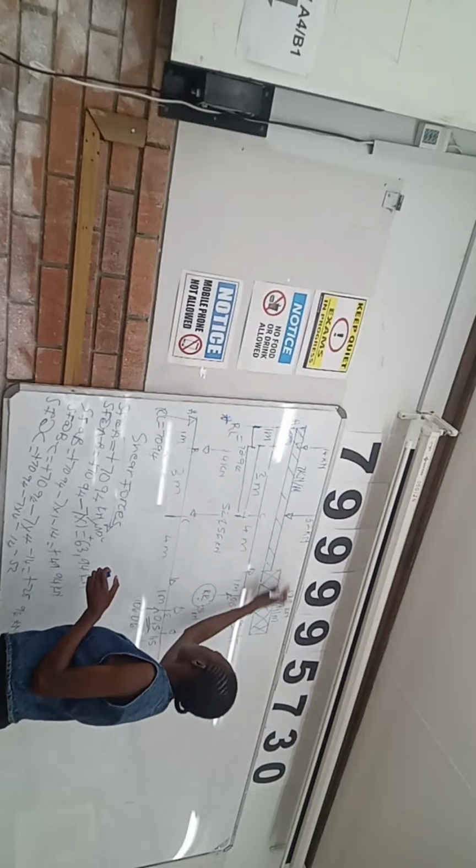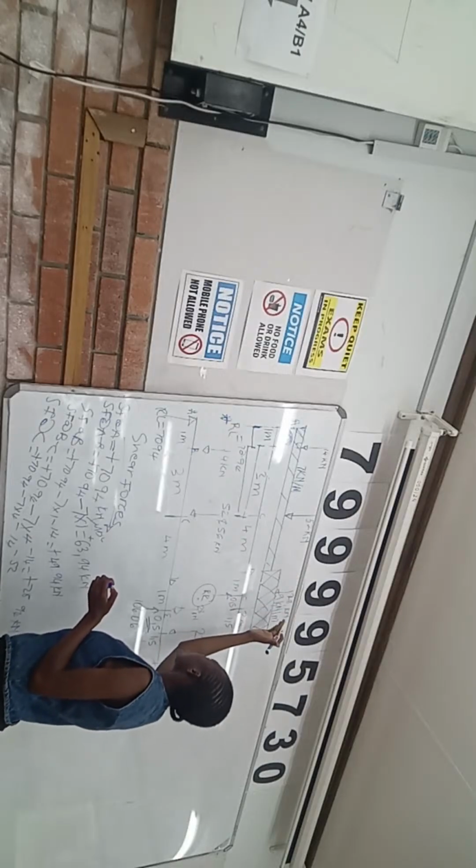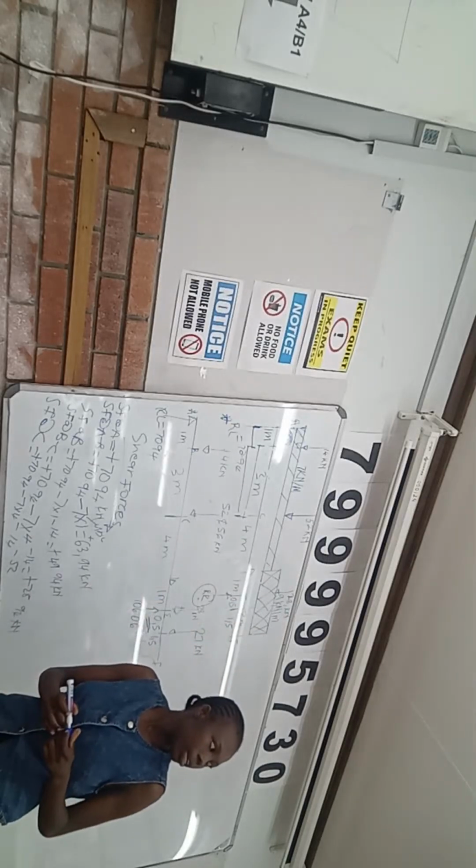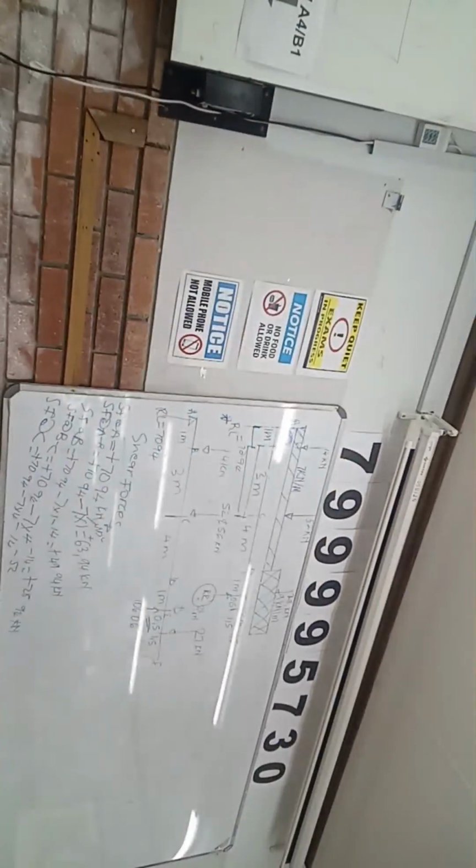Again, we better check. We'll use it again. So we completely go back to that structure and don't use whatever we have. And then 52 again.